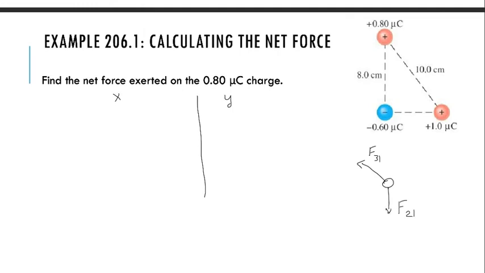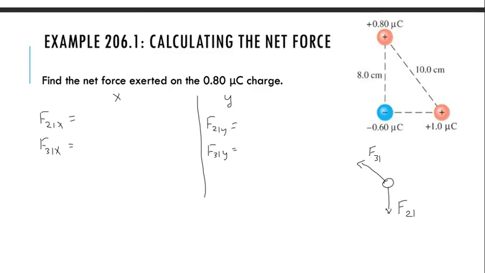So what I like to do when I'm finding those x and y components is go ahead and write F21x and F31x. Just write down the x component of each force, and then write down the y component of each force, F21y and F31y. Just even if they're equal to 0, I just like to have that placeholder so that I don't forget anything.